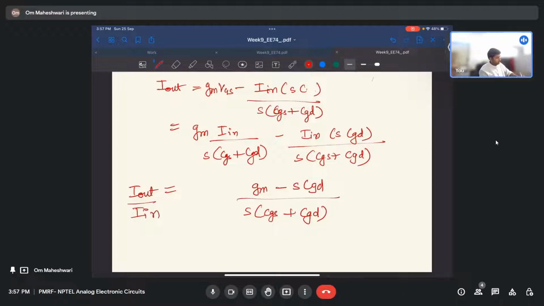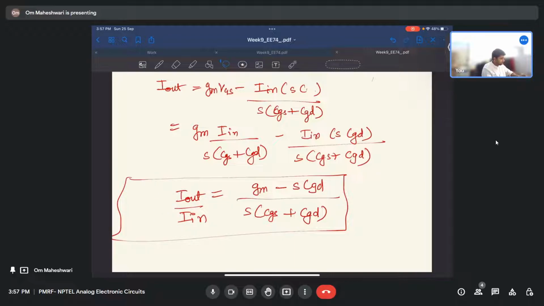So this is I_out by I_in, the short circuit current gain. Why am I calling it short circuit? Because we had shorted the drain and source. So Ft is defined when the modulus of I_out by I_in equals 1. So we need to take its mod and equate it to 1.